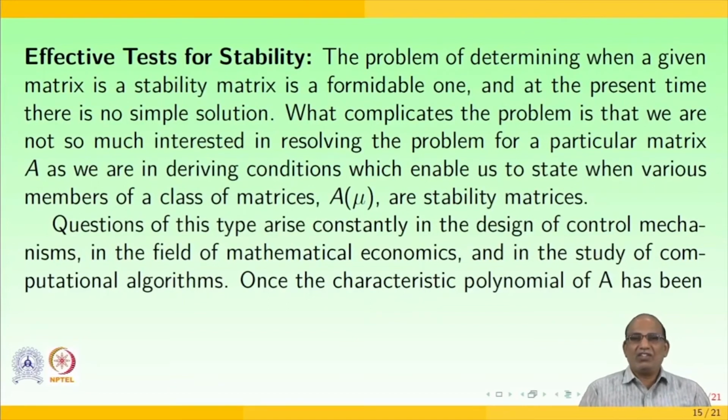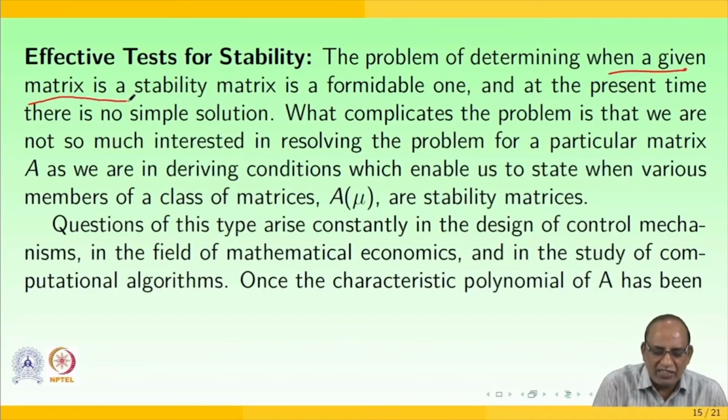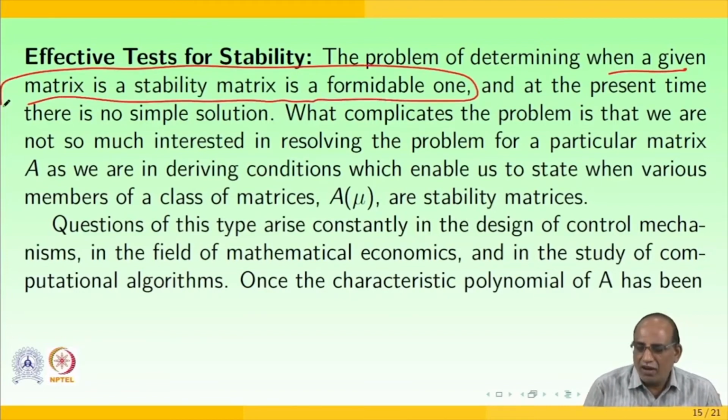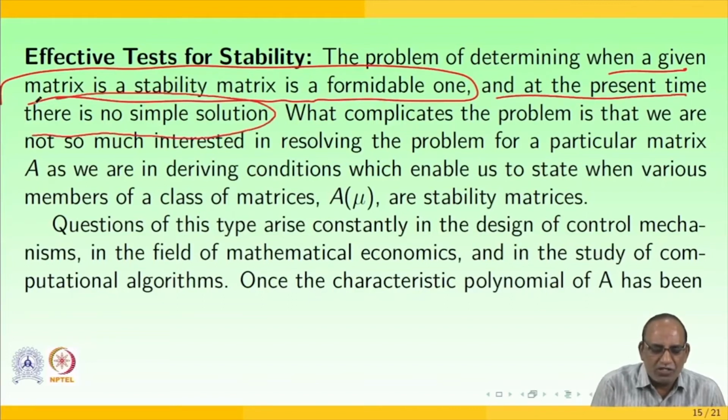Since it is a unique solution, the immediate question you can ask is how effective this is as a test for stability. The problem of determining when a given matrix is a stable matrix is a formidable one, and at present there is no simple solution.